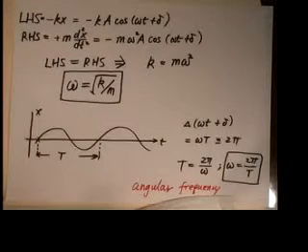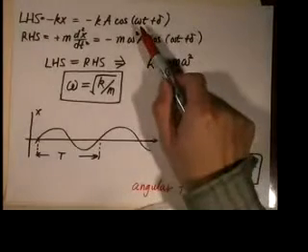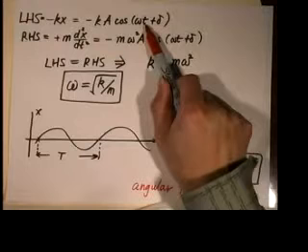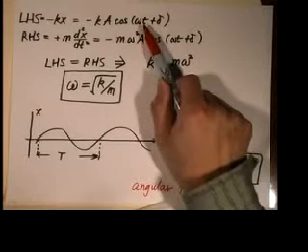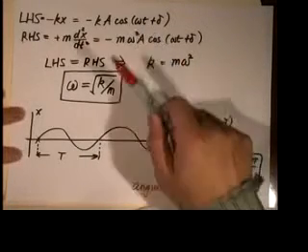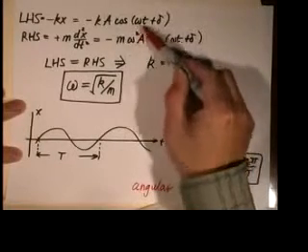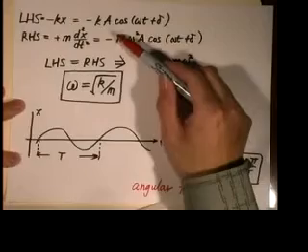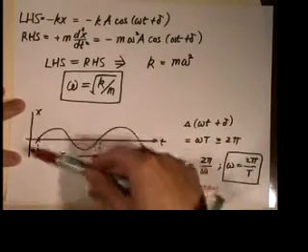Let's take a good look at what omega really means. As you know, the unit of omega should be 1 over that of time, so that's 1 over second. What is the true meaning of omega? Well, let's see now. As you know, this whole angle is called a phase angle, and as the phase angle changes, so does x. Let's plot x versus t.